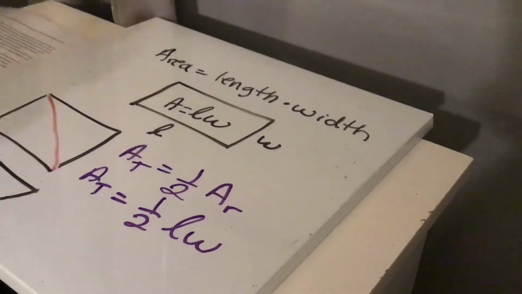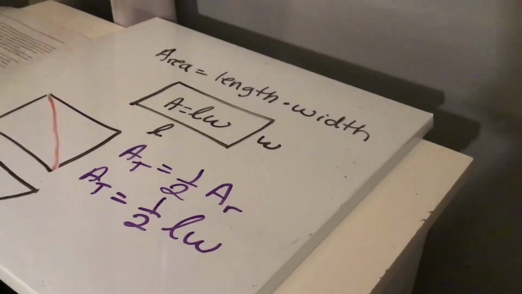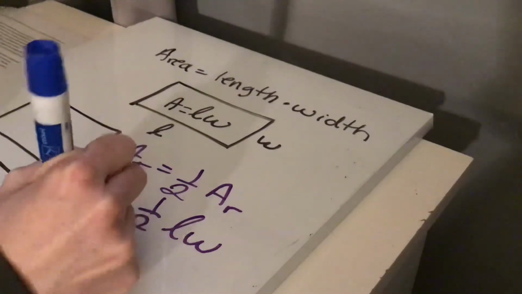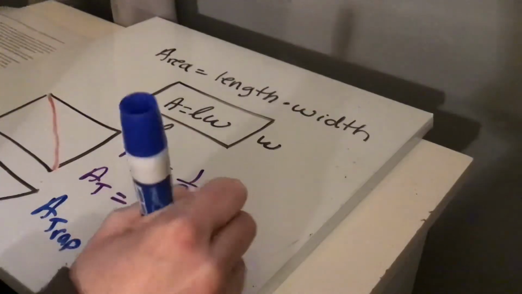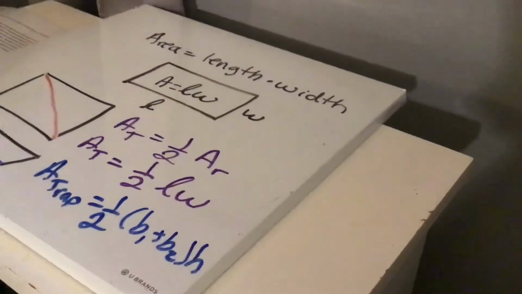Okay? So, if I put in here, then we can get the area of a trapezoid is going to be half the sum of the two bases times the height. Okay, these are formulas we all end up knowing, and you most probably proved them in geometry. Okay, so things we know.